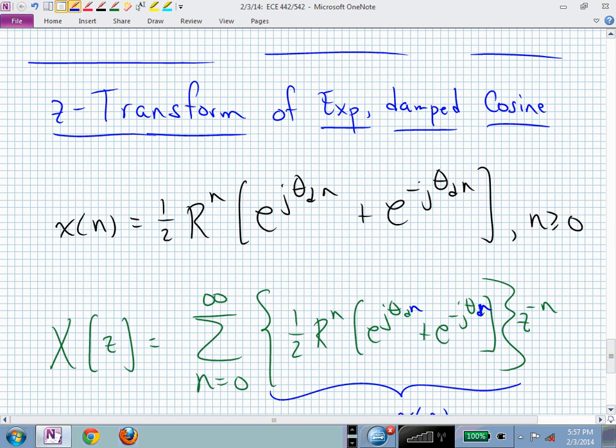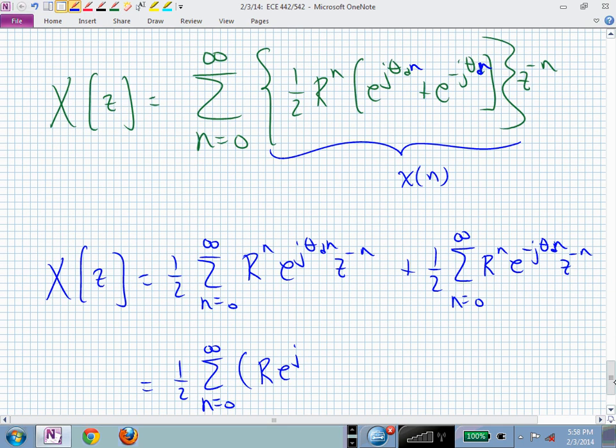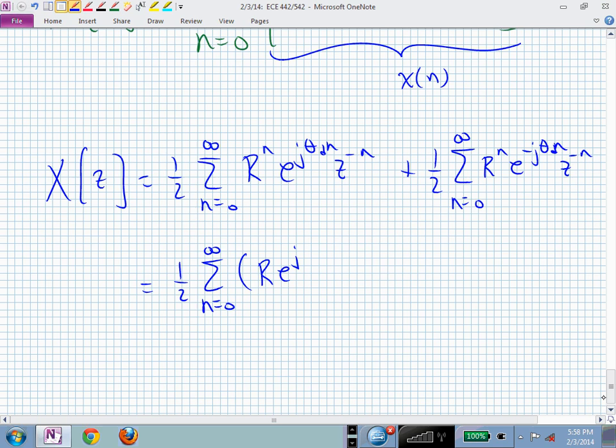All right, so are we back on a more accurate representation of the Z-transform of this exponentially damped cosine?